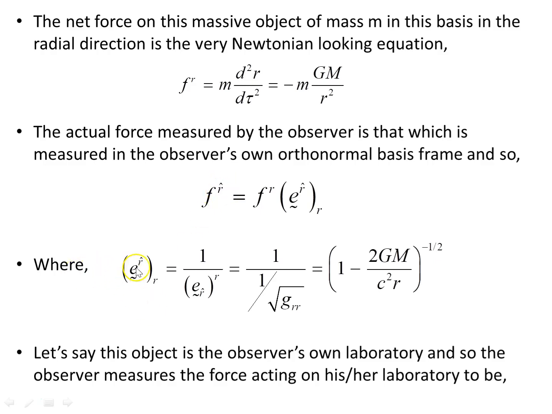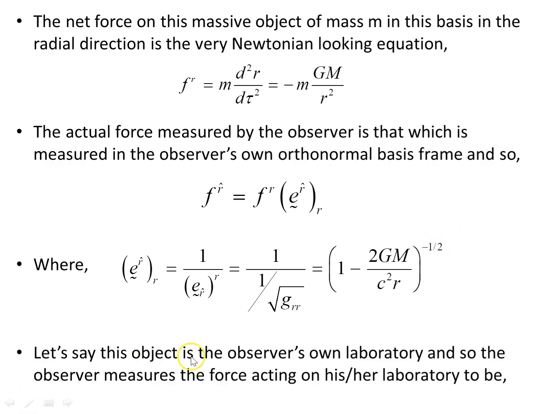All right, now just reminding again, e r hat up with the r down is 1 over this, which is this object here. If you look at the Schwarzschild metric, you'll see that the radial coordinate part, the g rr, was this object here. And so, the square root of g rr is to the power of minus a half here, but in the orthonormal frame, g r hat r hat is plus 1 up here.